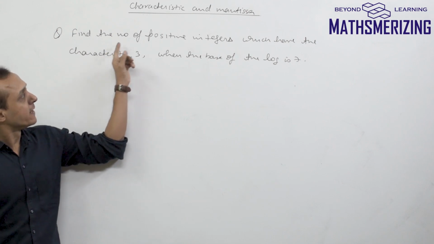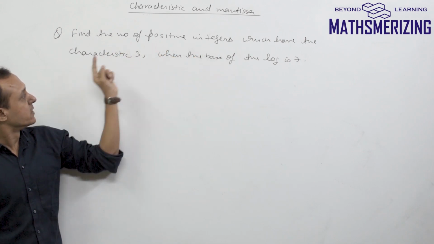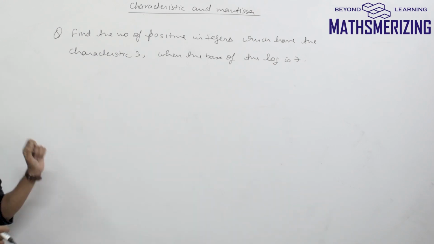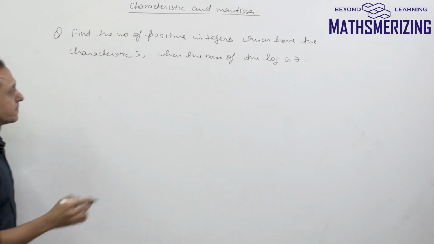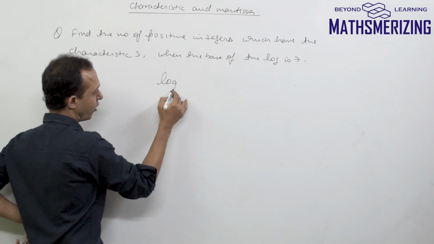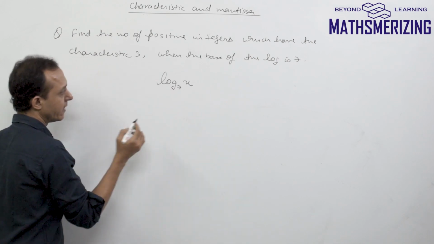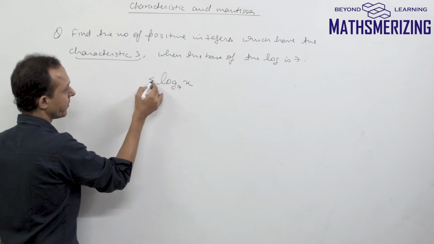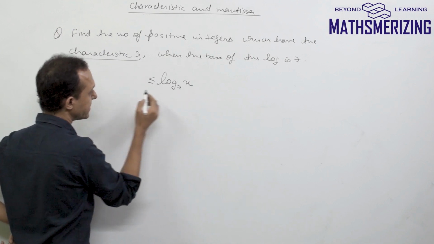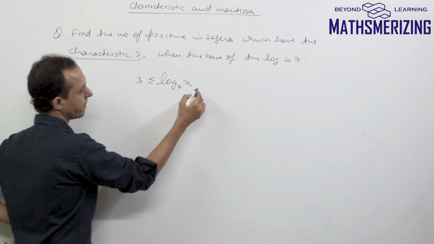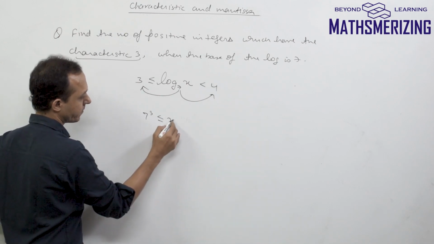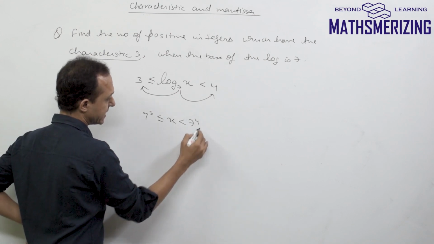Now the next question is, find the number of positive integers which have the characteristic 3 when the base of log is 7. So what we know is we are looking for all the numbers for which if I take log to the base 7, then its characteristic should be 3. So that means the value of log x base 7 should lie between 3 and 4. If I take anti-log, I can write 7 to the power 3, and this is x, and this is 7 to the power 4.